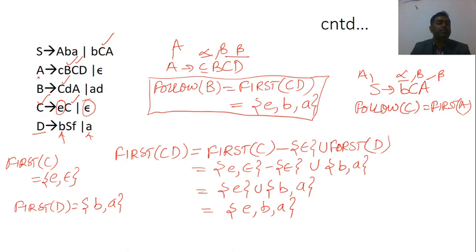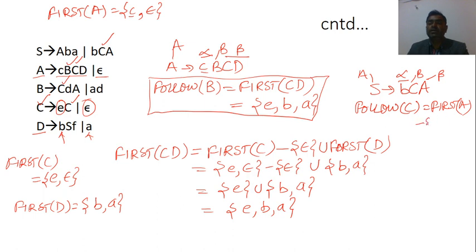First of A, you can see here, first of A equals first of this one union first of empty, that is C comma empty. So I can write here first of A equal to C comma empty. So here first of A contains empty.